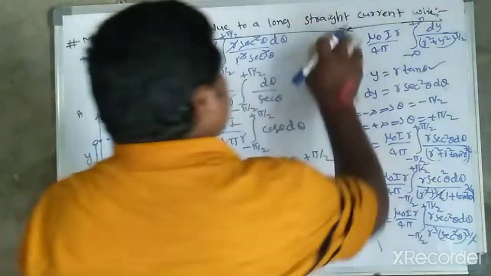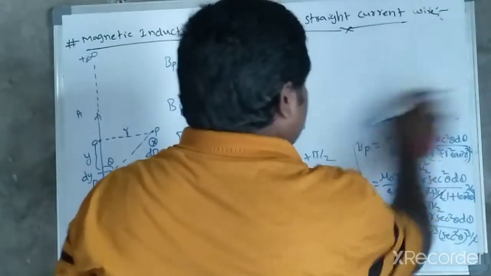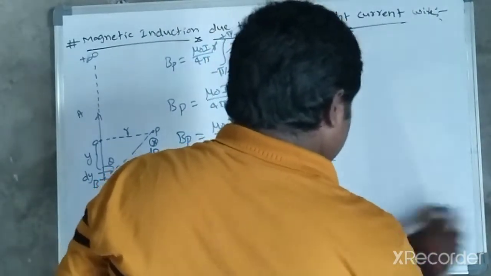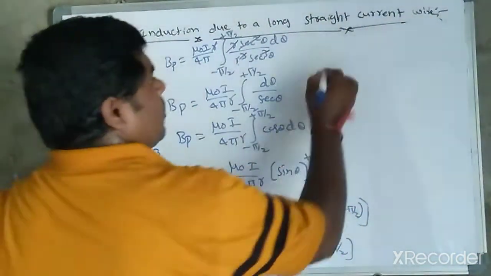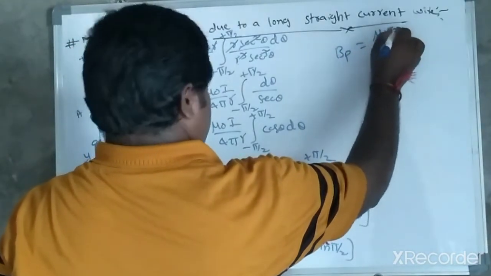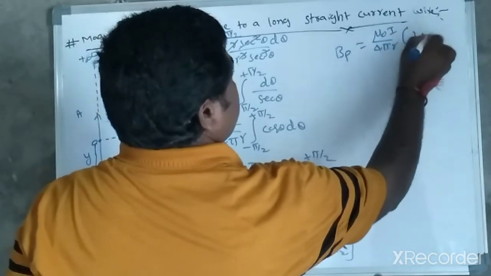So here, substituting this value, you will get the final expression. Bp should be equal to mu naught I divided by 4 pi r into (1 plus 1).